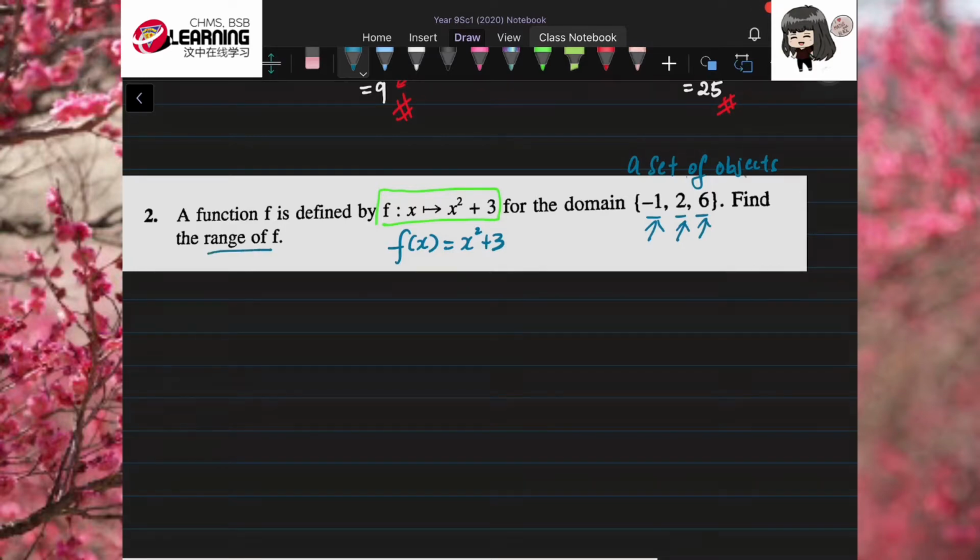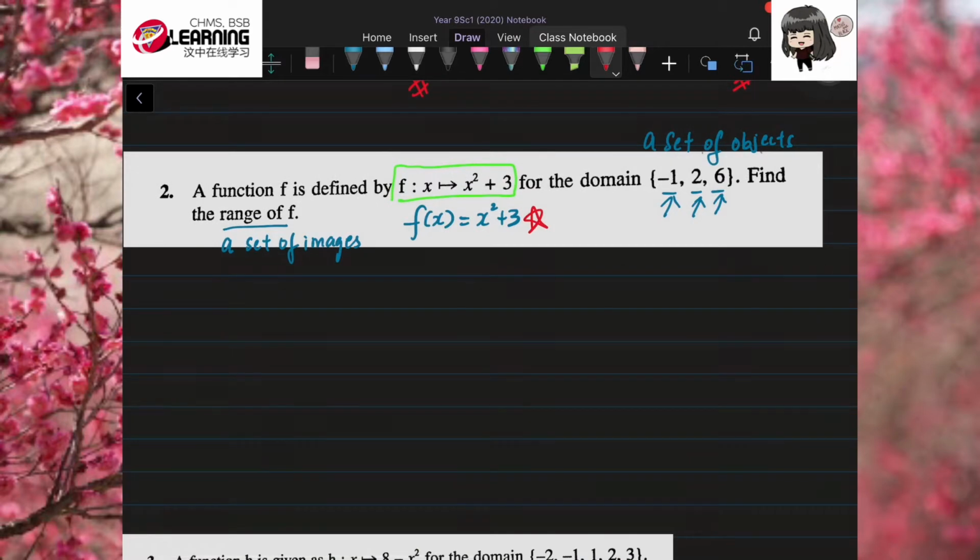Find the range of f. So what is range again? A set of images. So we need to find the images of all these objects. It's not only a set of images, it can be said that it's a set of outputs. We are given this function, or the equation, and we sub in the x value, the objects.